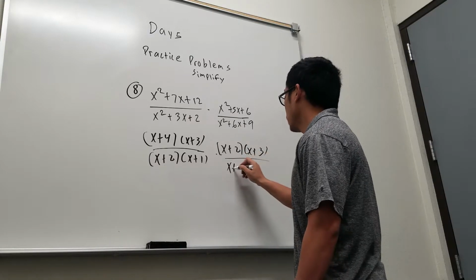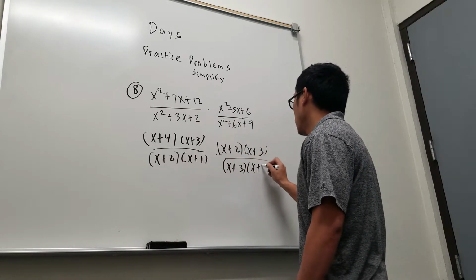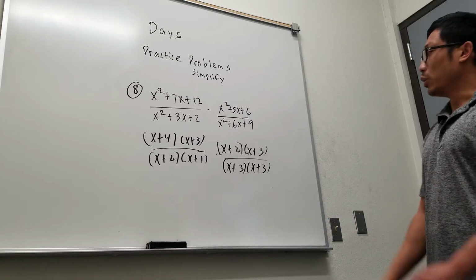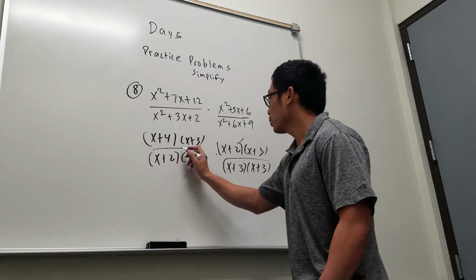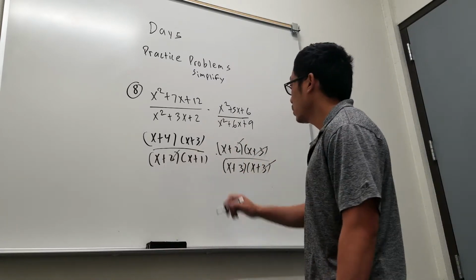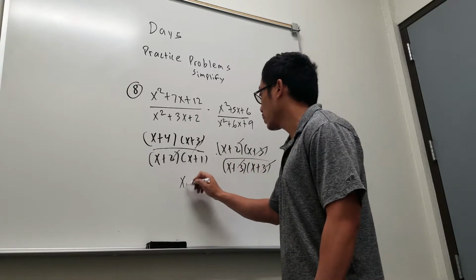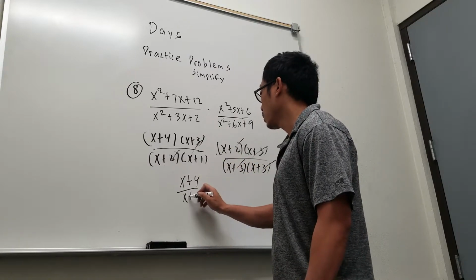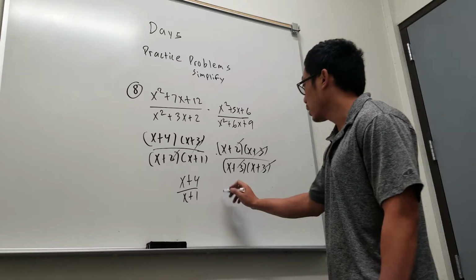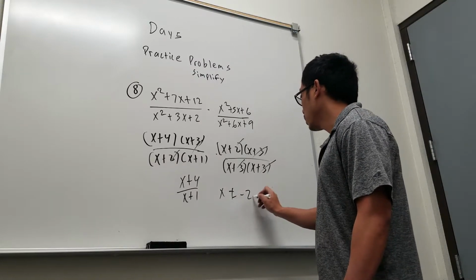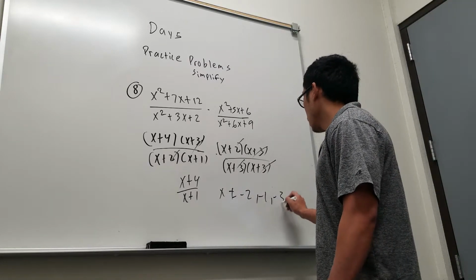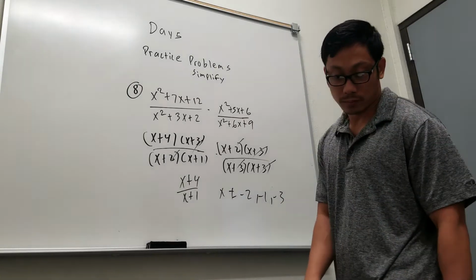This is just x plus 3, x plus 3. Now cancel. You have x plus 4, x plus 1. Is that it? So x cannot equal what? Negative 2, negative 1, and negative 3. There you go.